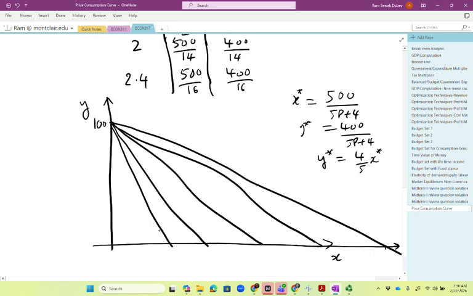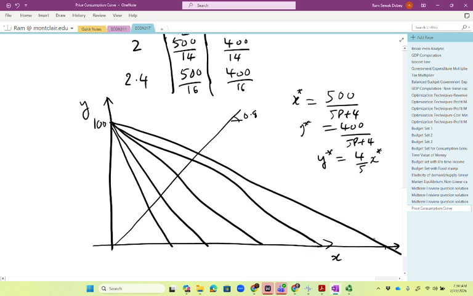So that's the relationship we got for the optimal consumption bundle given this utility function, which is a straight line with positive slope 0.8. All the optimal choices made by the consumer would fall on this straight line.